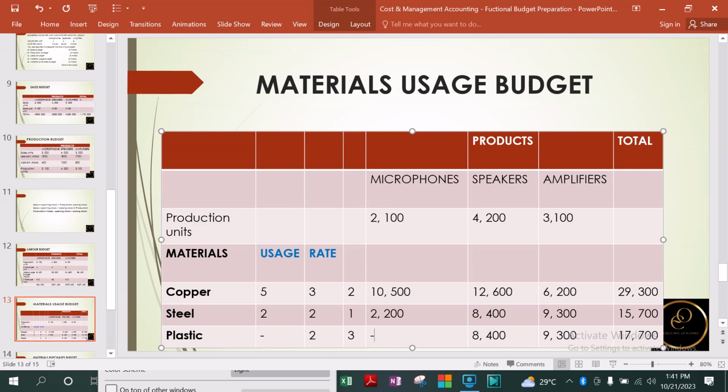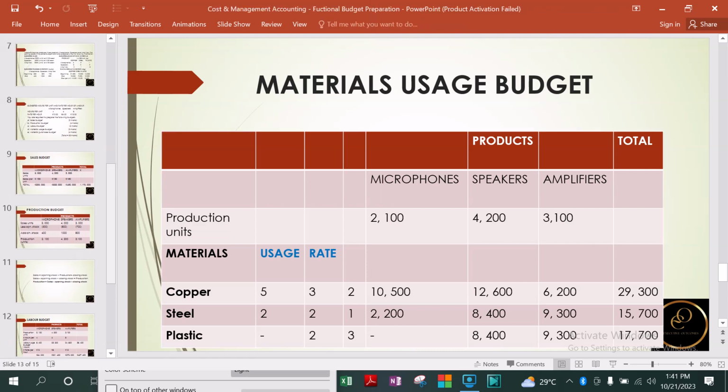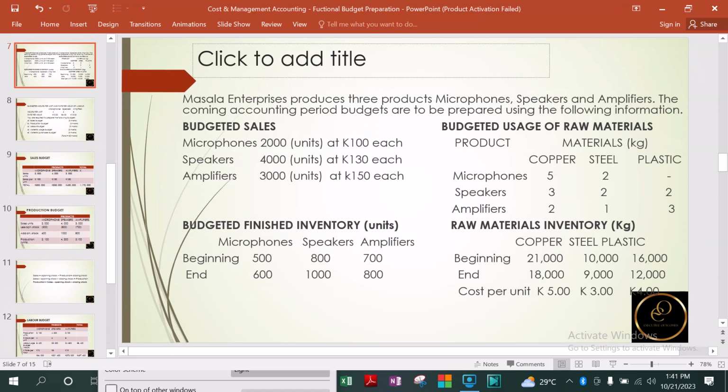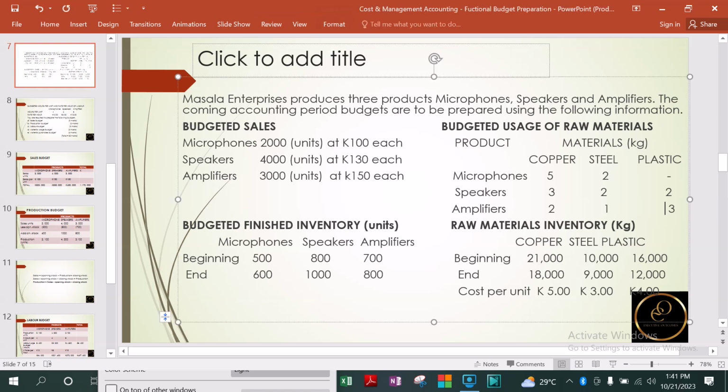Go to plastics. So what is the question telling us? The scenario given for plastics: microphone does not need any plastic in this fashion, but 2 kgs are required for 1 unit of speaker and 3 kgs are required for 1 unit of amplifier.